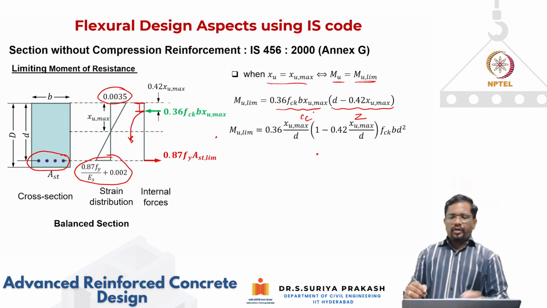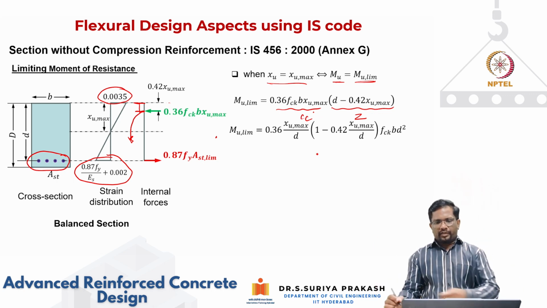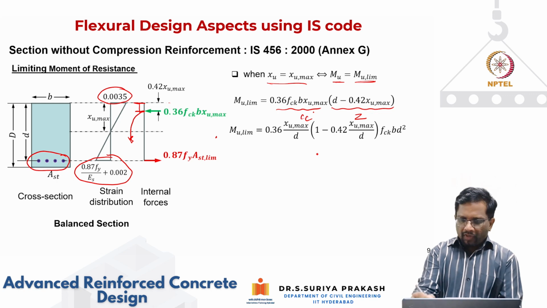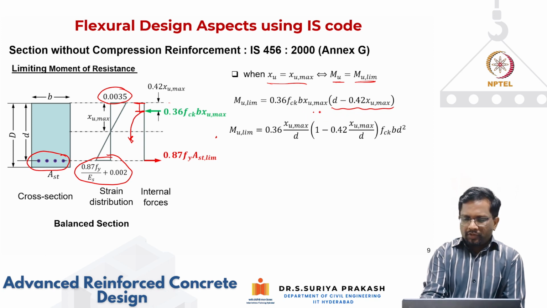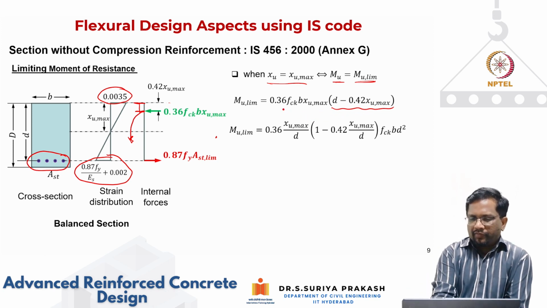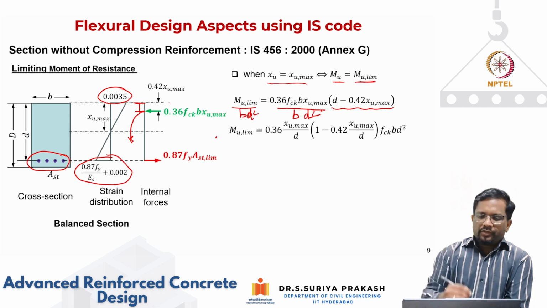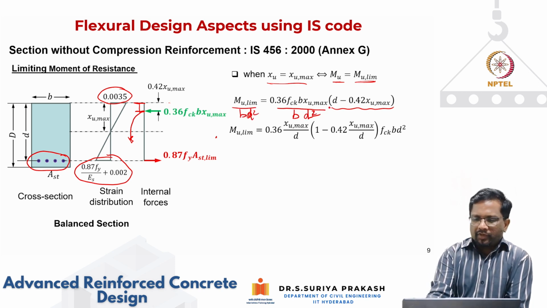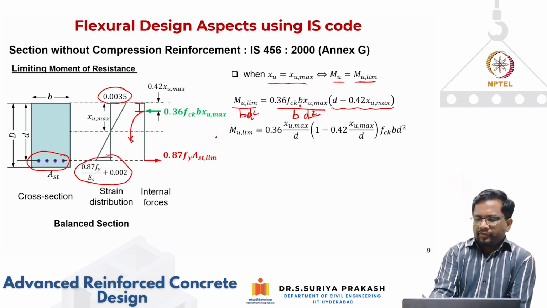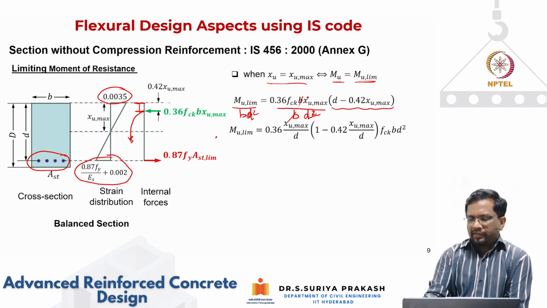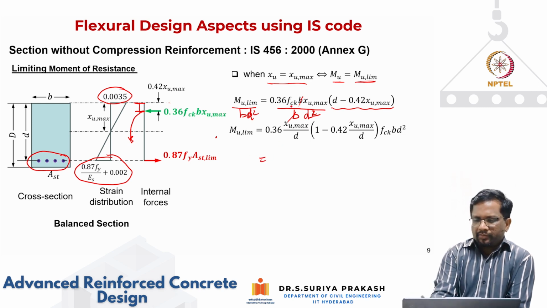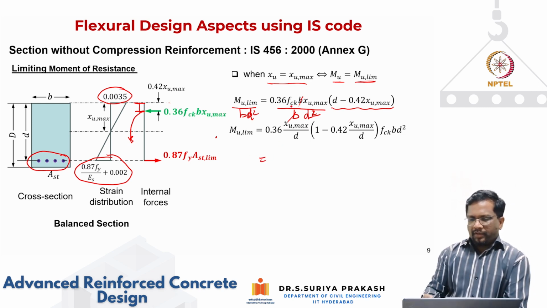Now what we are saying here is, if I am dividing both sides by b d square, what will happen? This side will become 1, and 1 by b and 1 by b will get cancelled. And I can write this as 0.36 fck.